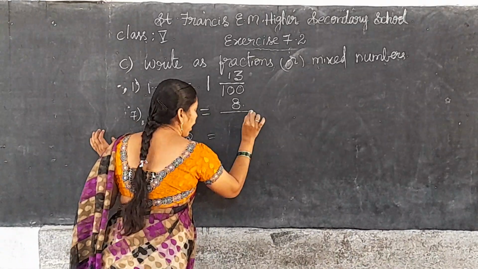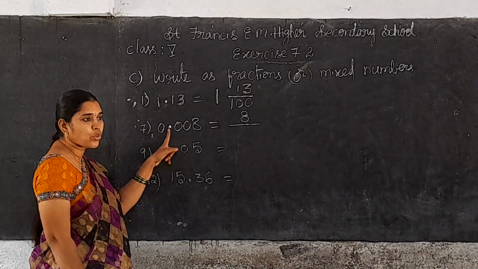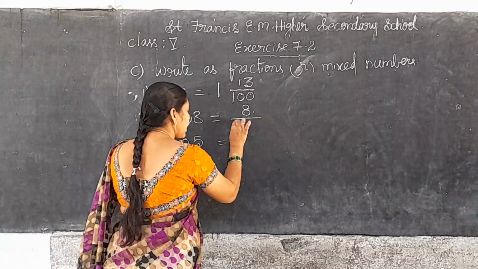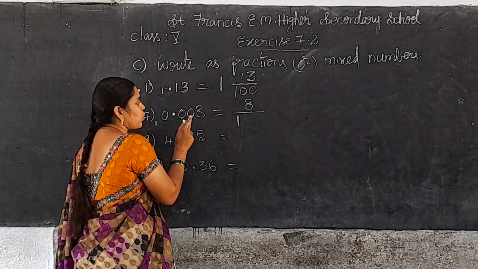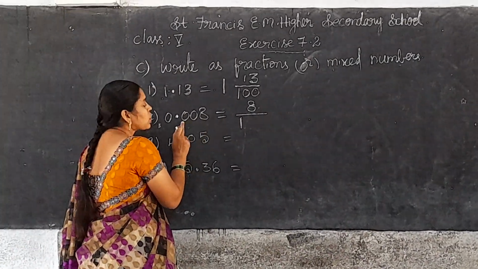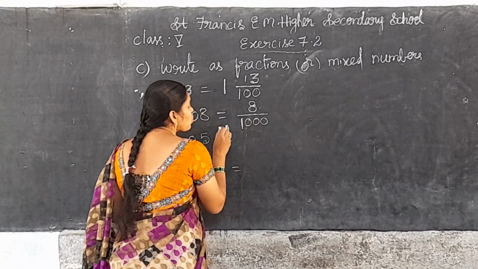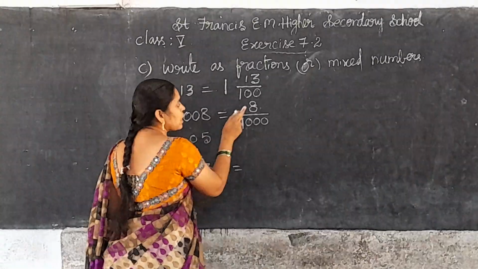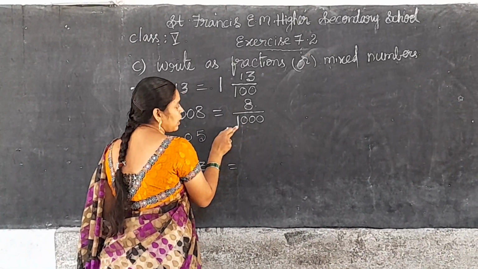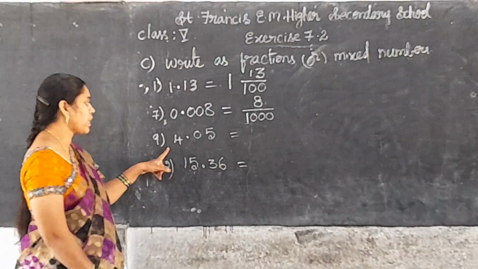And write the fraction bar. Instead of the point, what do we write? We write 1 in the denominator. After the point how many numbers are there? 1, 2, 3. Right? So 3 zeros follow this 1. So what does 0.008 mean? That is 8 by 1000 in fractions. Clear now?